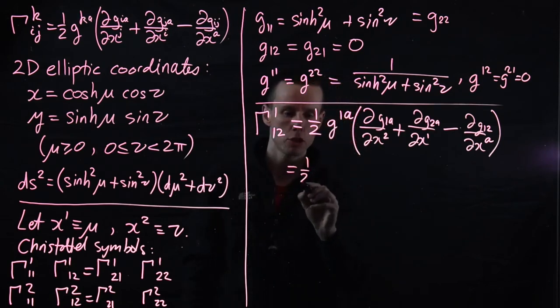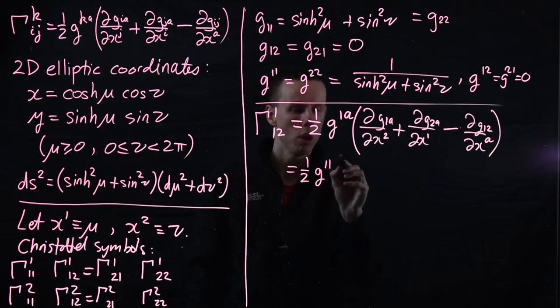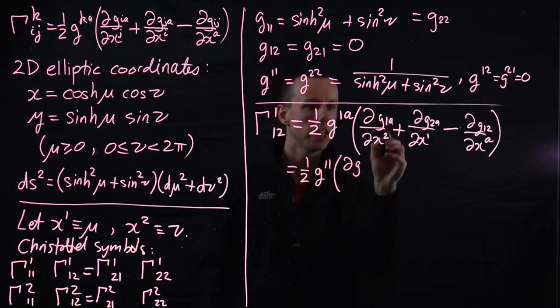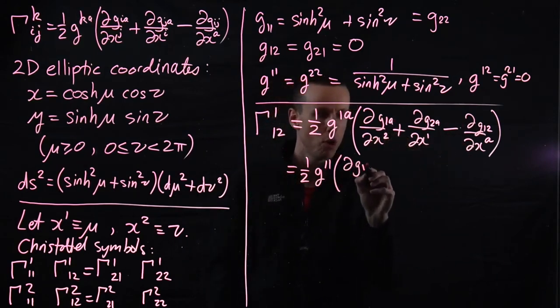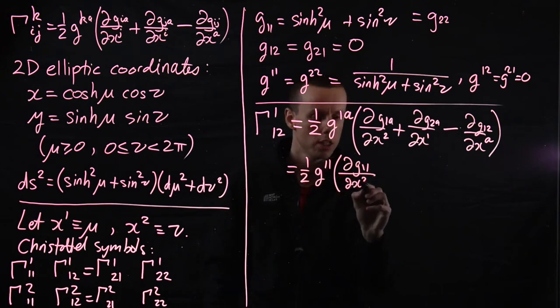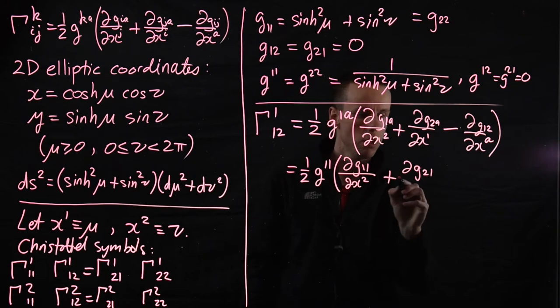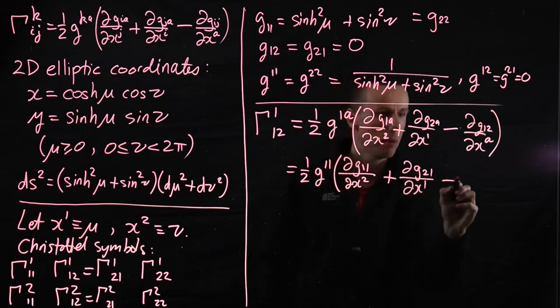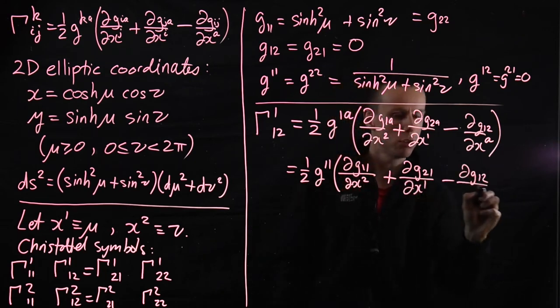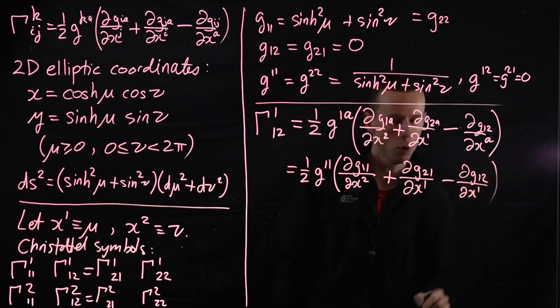So in the sum over a, only the term with a equals 1 survives. So actually, this just becomes a half g11, and then dg, and then everywhere I have an a just becomes a 1. So 1, 1, dx2 plus dg21 by dx1 minus dg12 by dx1.